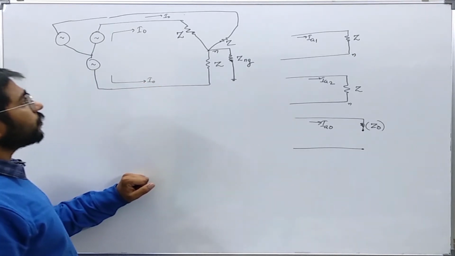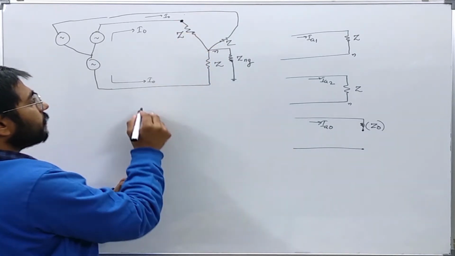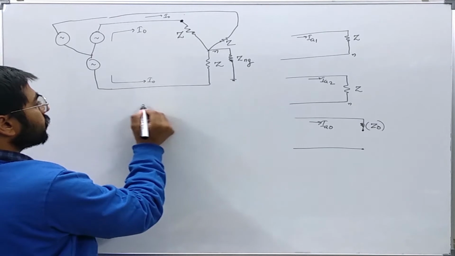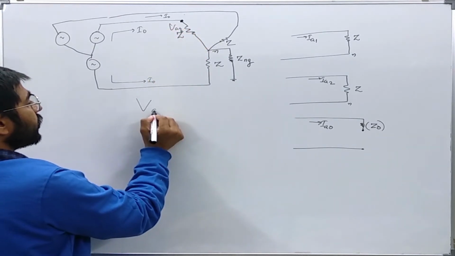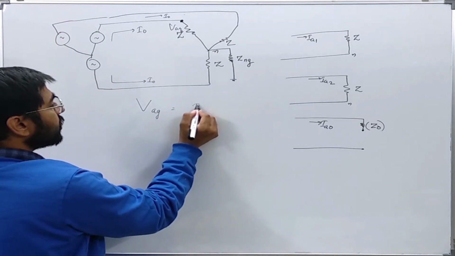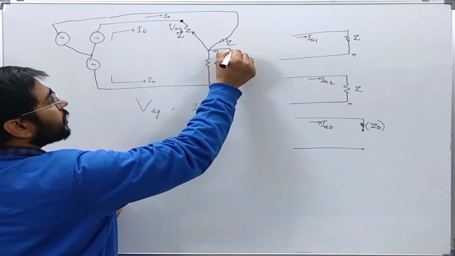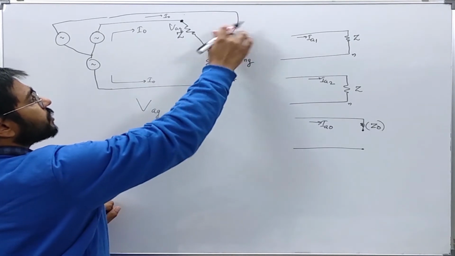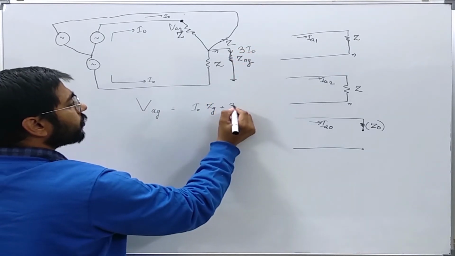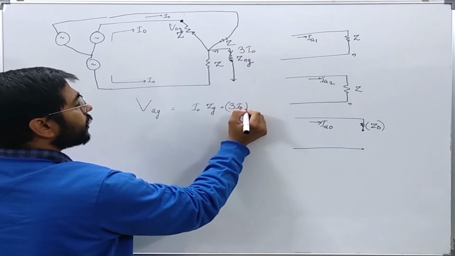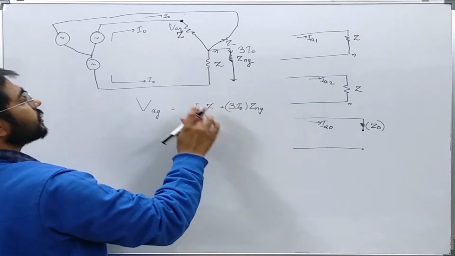If I want to see the potential of this point with respect to ground, V_AG will be simply I0 Z, and the current flowing in the grounding impedance will be I0 plus I0 plus I0, that is, 3 times I0. So 3 times I0 into Z_G. It will be Z_G, not Z.